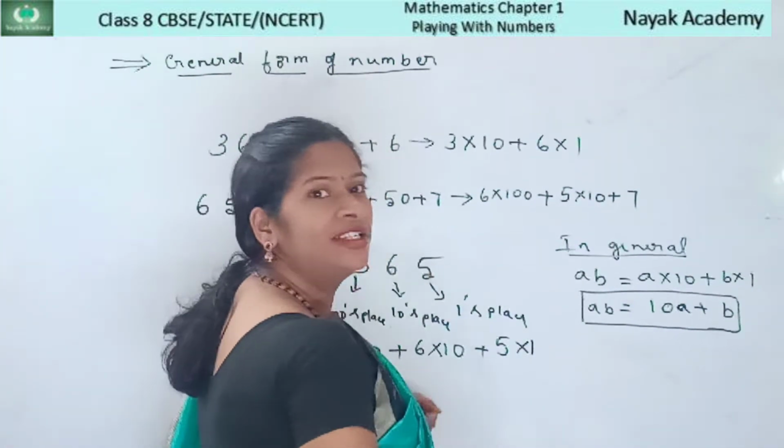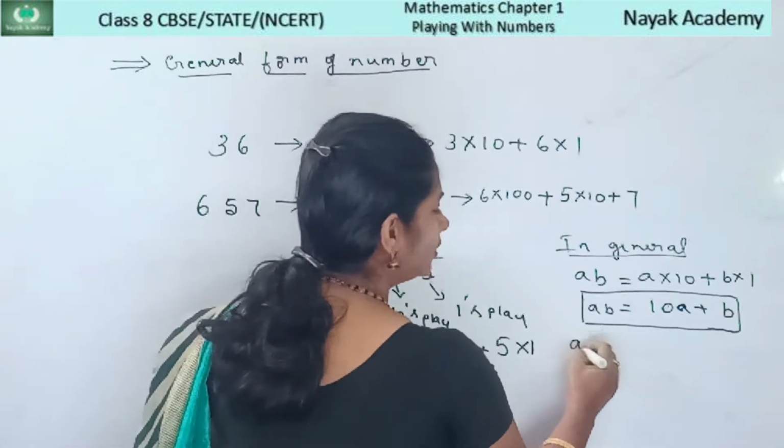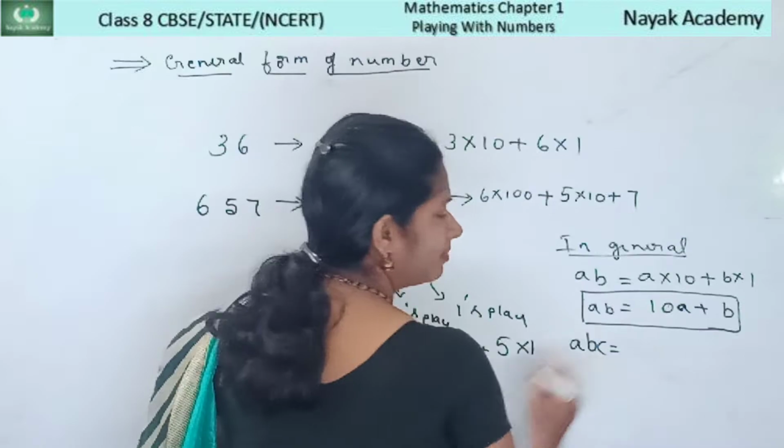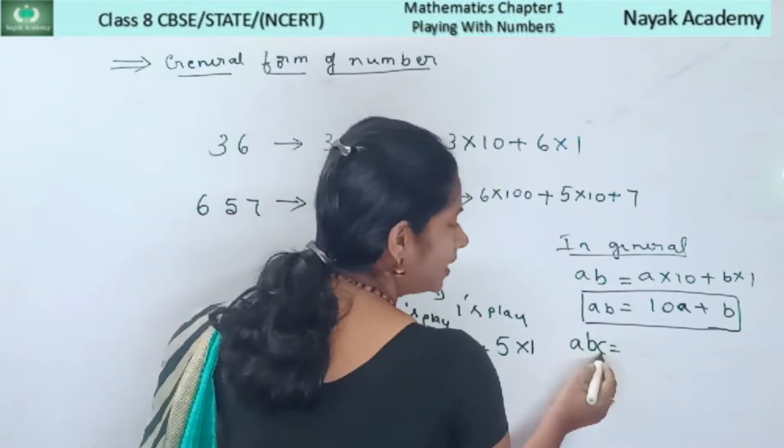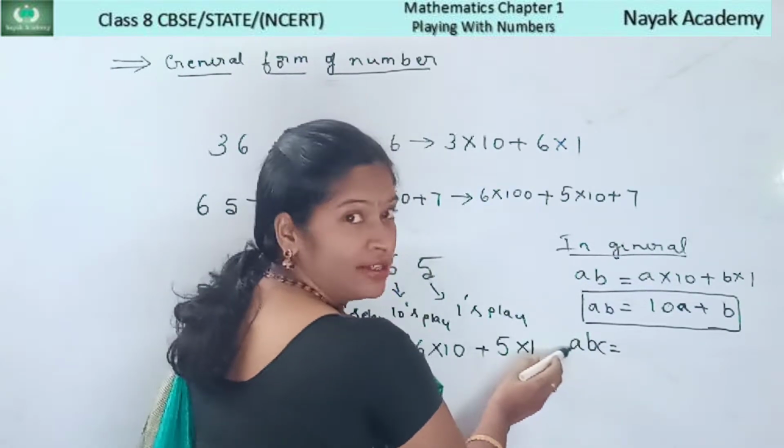In general, what is the expanded form or general form of a 3-digit number, children? So ABC is a 3-digit number. What is the general form? So C is at 1's place, B is at 10's place, and A is at 100's place.